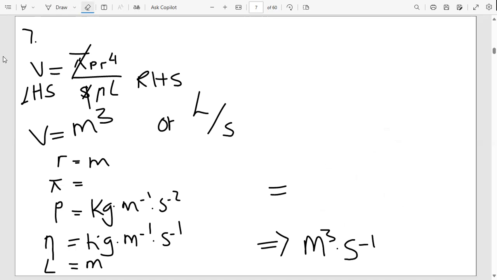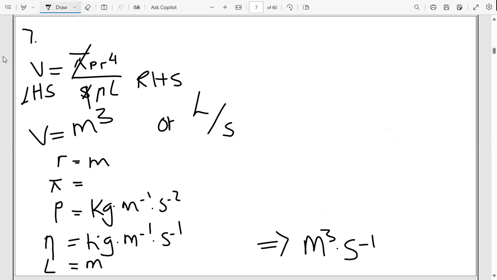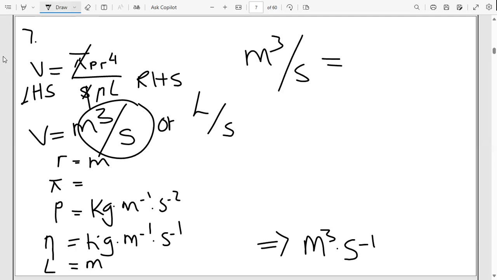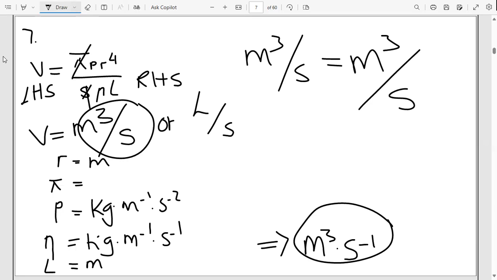We said on the left hand side we have cubic meters per second, or liters per second, and we compare this with the right hand side, m to the power 3 over second. This is exactly equal to what we found on the right hand side, which is also m to the power 3 over second, which means our equation is dimensionally consistent. And that is all on question 7.